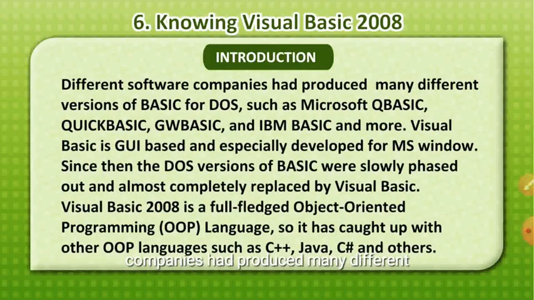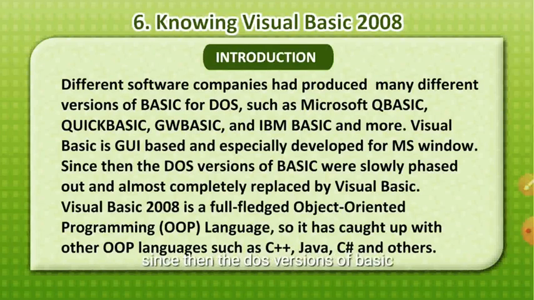Different software companies had produced many different versions of Basic for DOS, such as Microsoft QBasic, Quick Basic, GW Basic and IBM Basic, and more. Visual Basic is GUI based and especially developed for MS Windows.